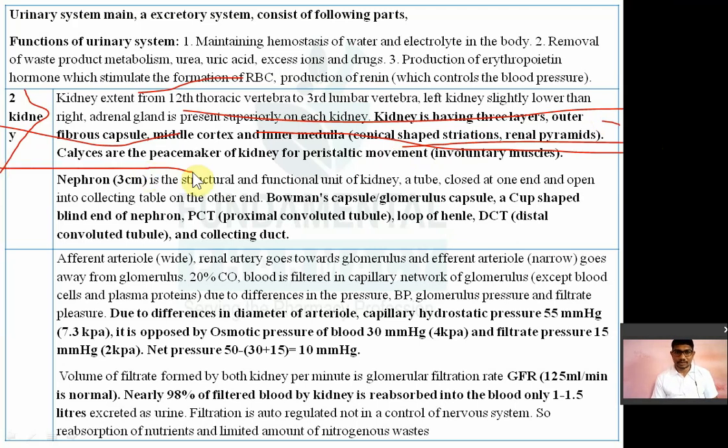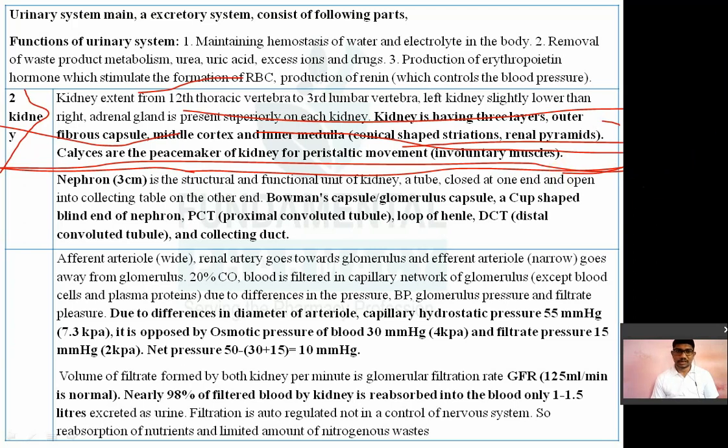Calyces are called the pacemaker of the kidney because they start renal peristalsis. Calyces have a smooth muscle layer, and this smooth muscle will start rhythmic contraction and cause renal peristalsis for removal of urine. It is not under voluntary control, it is involuntary muscle, so they will generate the peristaltic movement.